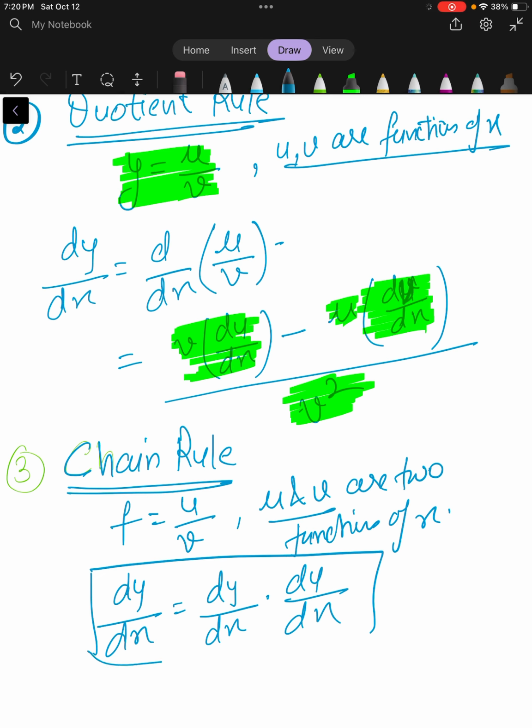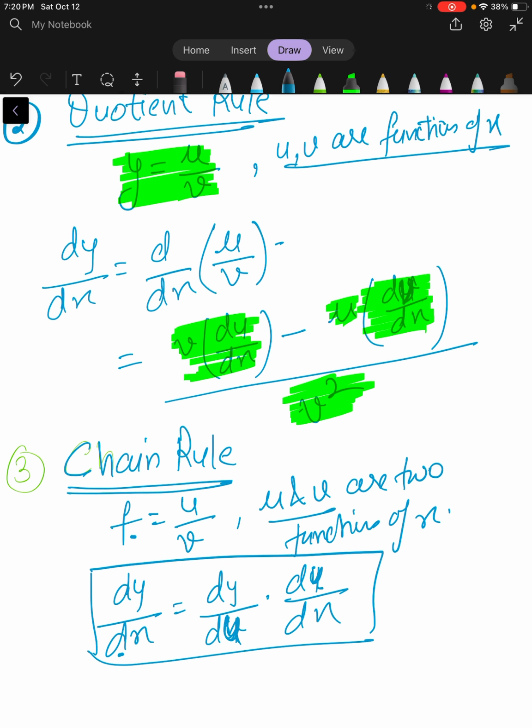So now what exactly is the difference here? The difference here is we have f of u upon v. Okay, dy upon dx. What we did, first we will do dy upon du, sorry, not u, dy upon du, and then du upon dx.